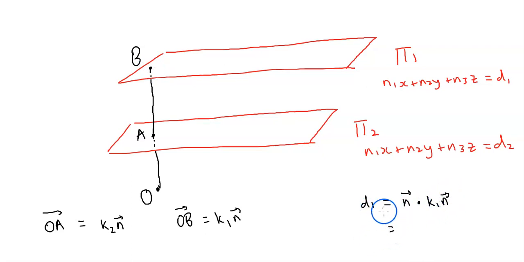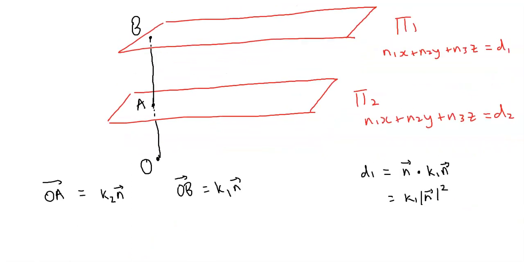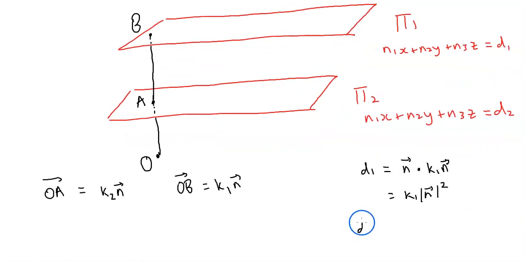And so D1 is actually equal to K1 times the length of the vector n squared, or n dot n. Similarly, D2 is equal to n dot K2n, which is equal to K2 times the length of n squared.